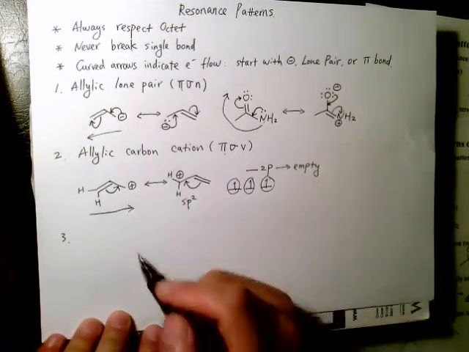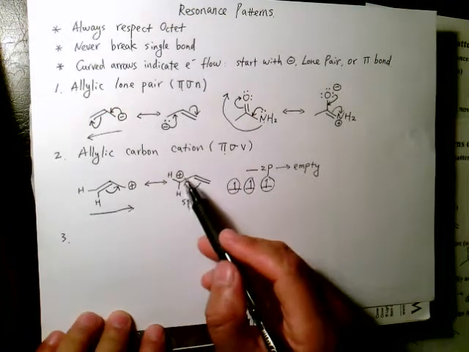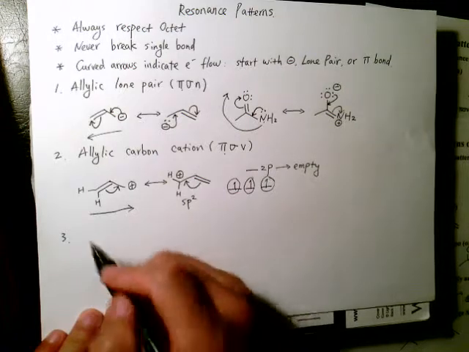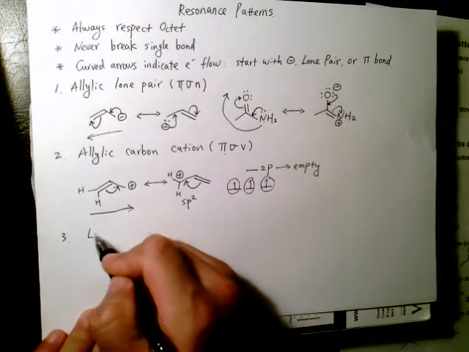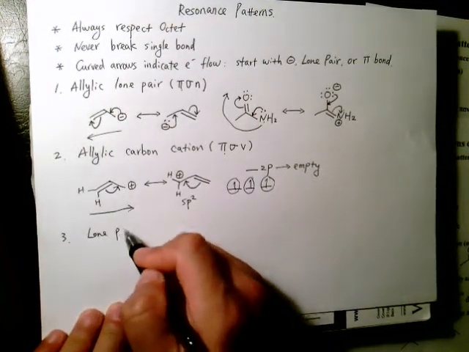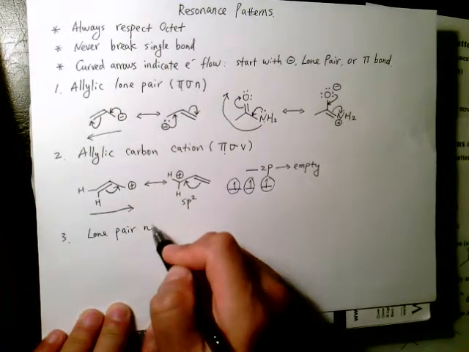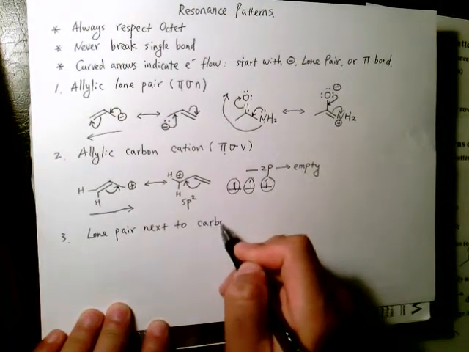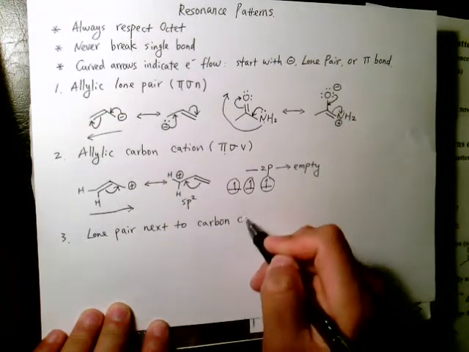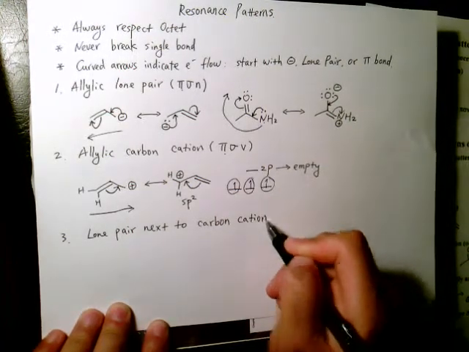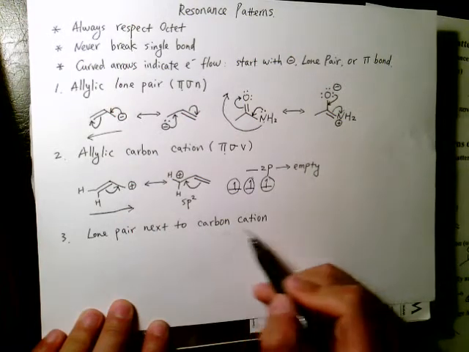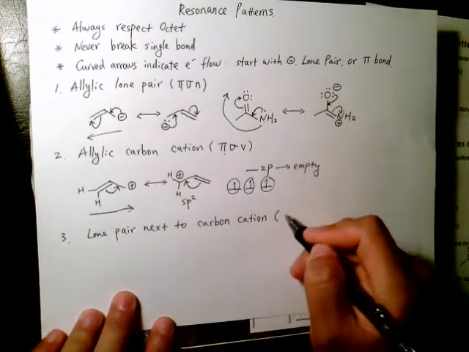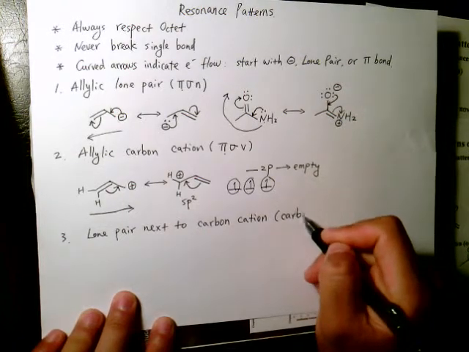The other scenario is when a carbon cation is next to a lone pair. In this case, we can call this pattern lone pair next to carbon cation. Although I commonly call it a carbon cation, I believe the correct term is actually carbocation.